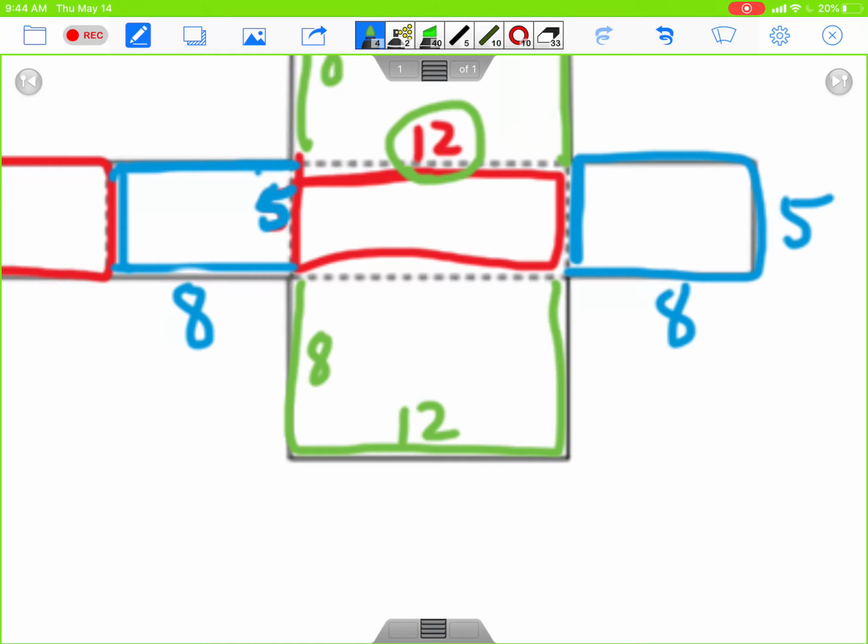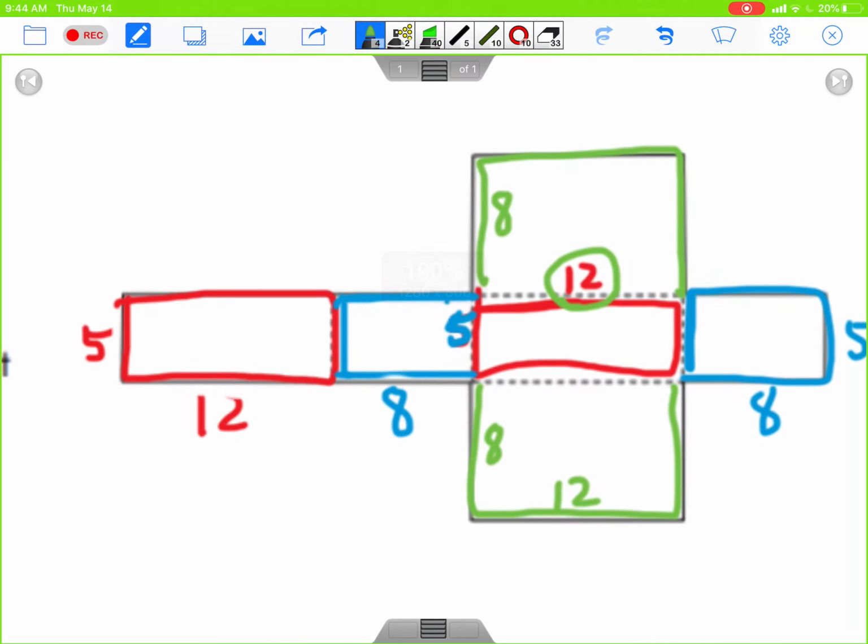Once we have all 6 rectangles completed, all we need to do is find the area of each rectangle and then add them together, because remember, the definition of surface area is the sum of all the areas of the faces and bases.